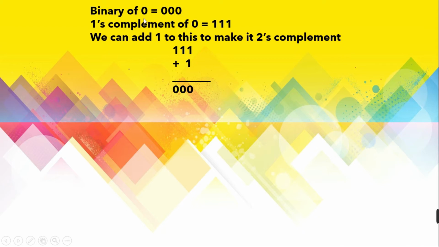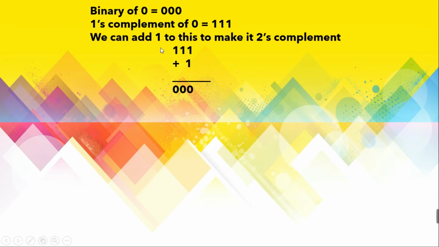If I want to do the 1's complement for that number, it will look like this: 1 1 1, because 1's complement is just inversing the digits. The original digits were 0 0 0, and now the 1's complement is 1 1 1. So this is the 1's complement representation for that number.